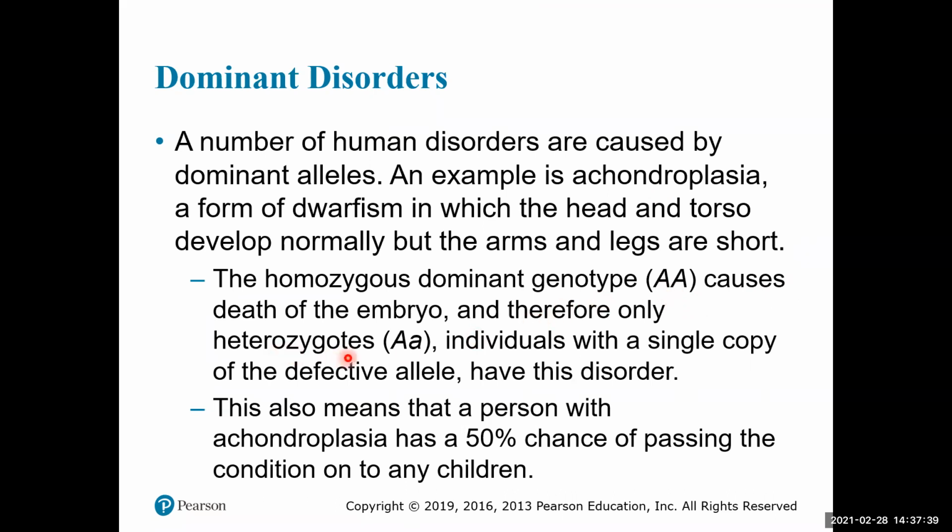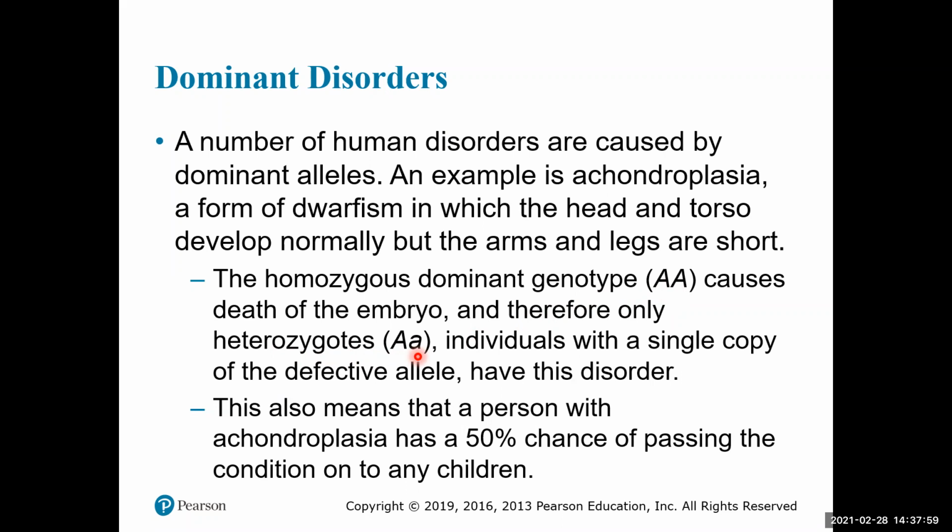heterozygous genotype. Now, what's the difference with the dominant genotypes or dominant disorders is generally the offspring that are heterozygous are the only offspring that actually survive and are born.